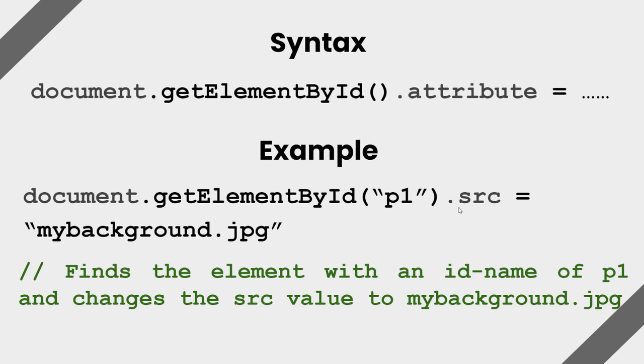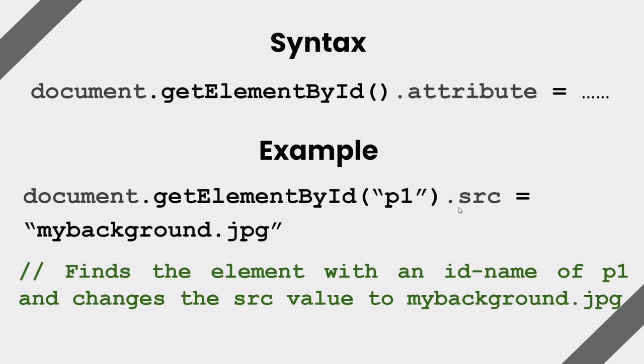And one of the most popular HTML elements with the source attribute is the image element. So in the example here, we've actually set the value of the entire syntax to my background.jpg. So what this does is that it finds the element with an ID name of P1, and the moment it finds that element, the next thing it does is to change the source value to my background.jpg.